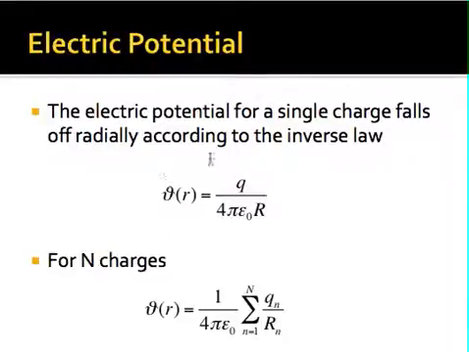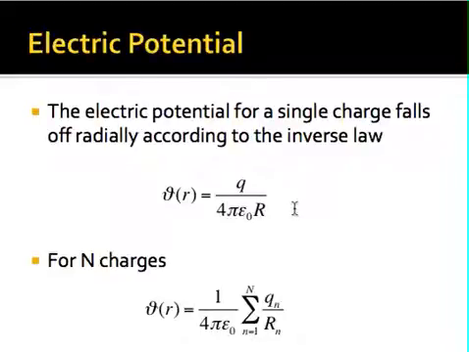Anyway, what we end up with is the electric potential at some point r is the value of the charge q over 4 pi epsilon naught r, where r is the distance we are away from the charge. So if we have a single charge in free space, it creates an electric potential, and that electric potential falls away according to the 1 over r law, and it's a function of the value of the charge and the distance we are away from the charge.